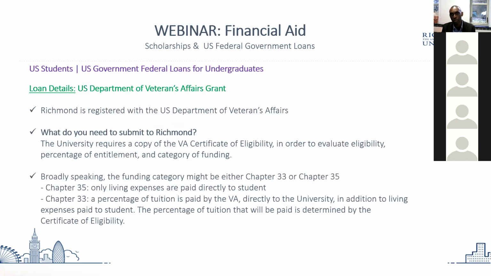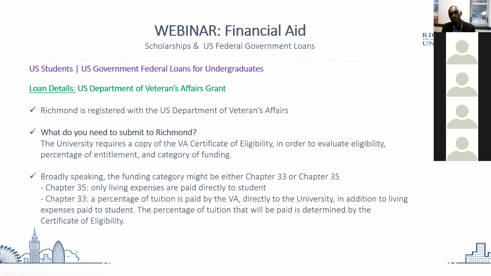And we do have some students who do get funding from the US Department of Veterans Affairs. One of the main documents we need in order to confirm funding through the US Department of Veterans Affairs is what is called the VA Certificate of Eligibility. This is a document that is issued by the US Department of Veterans Affairs once you've applied for your funding and once they've approved your funding.